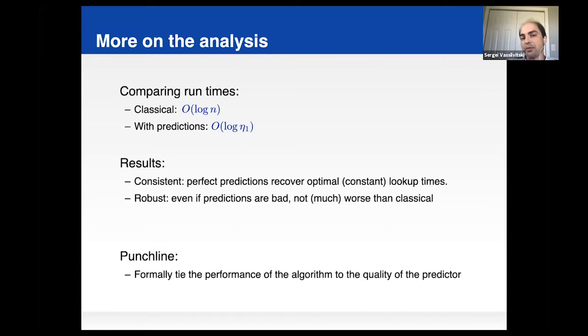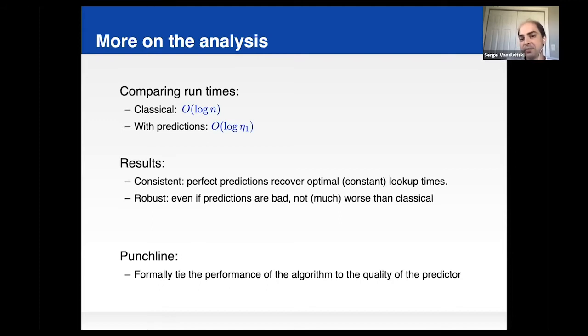So we can go back and say there are 2 running times that we can compare. The classical one is logarithmic in the number of elements. The predictions one here is logarithmic in the error. And unless you're doing something completely and utterly ridiculous, the error is bounded by the number of elements that you have. So this algorithm has 2 really nice properties.